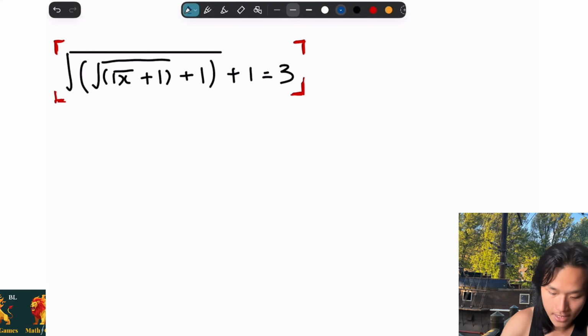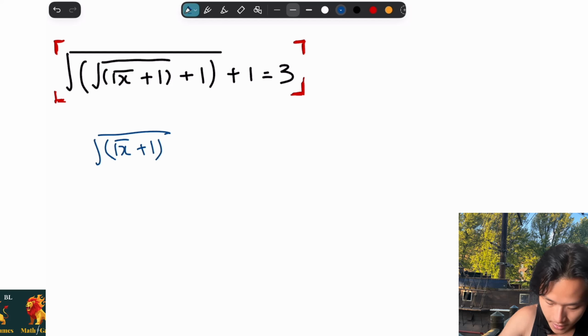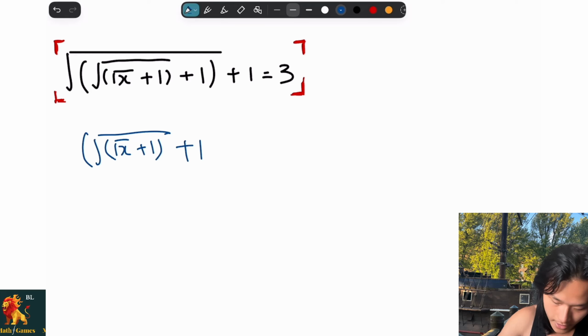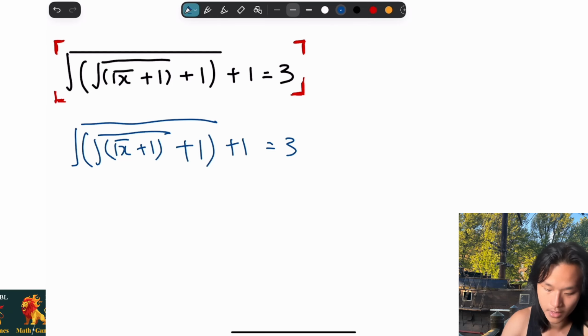So let's write out the question again: square root of x plus 1 in brackets, square root of that, plus 1 in brackets, square root of that, plus 1 equals 3.